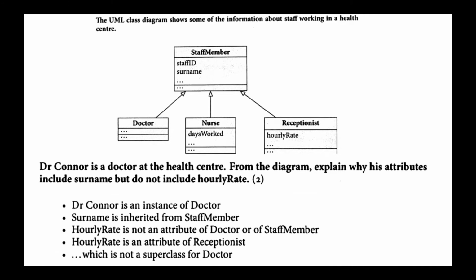Surname is inherited from staff member. Hourly rate is not an attribute of doctor or of staff member. Hourly rate is an attribute of receptionist, which is not a superclass for doctor. It's just 2 marks, wow.